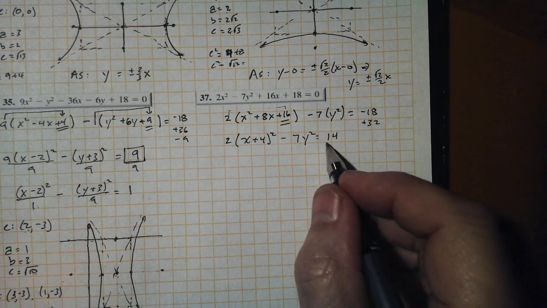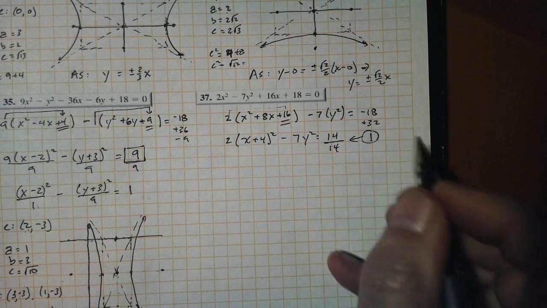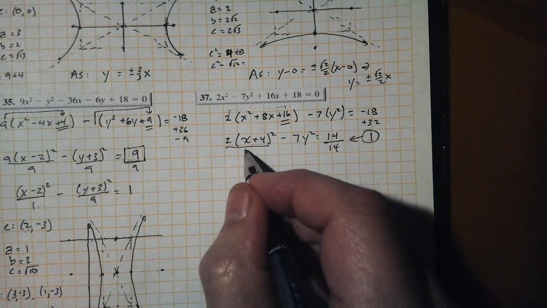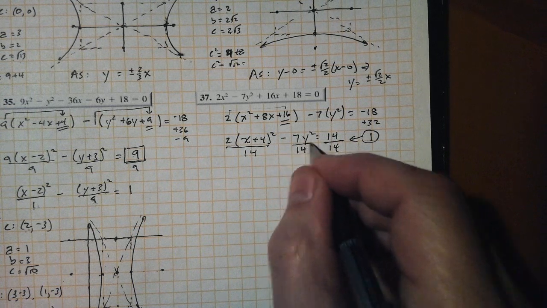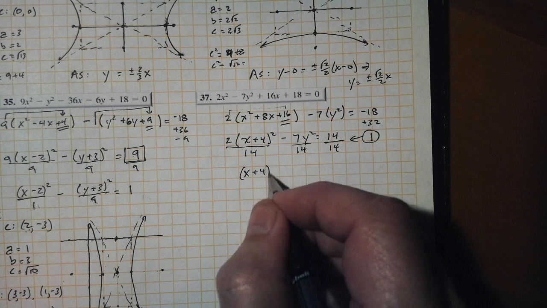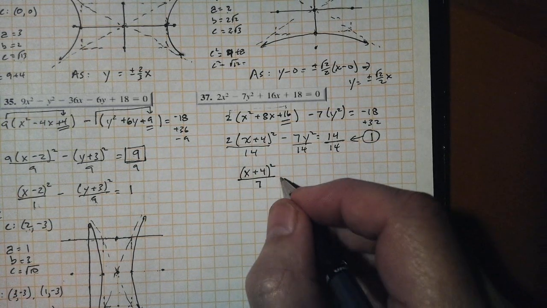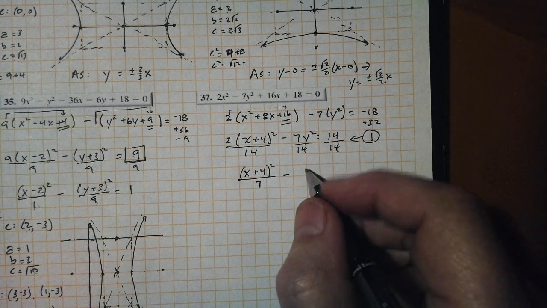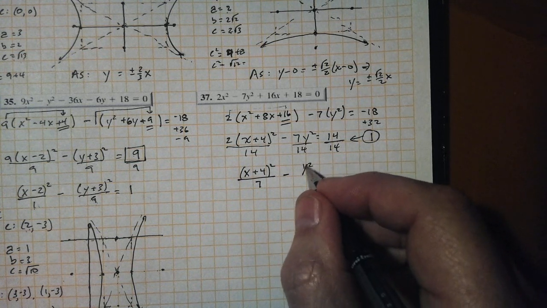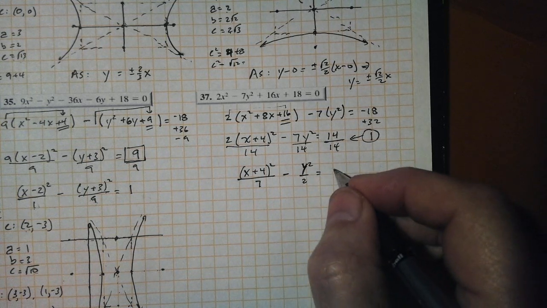So I need to divide both sides by 14 because I want to have 1 there. So divide each term by 14. And I get x plus 4 squared on 7 minus y squared on 2 equals 1.